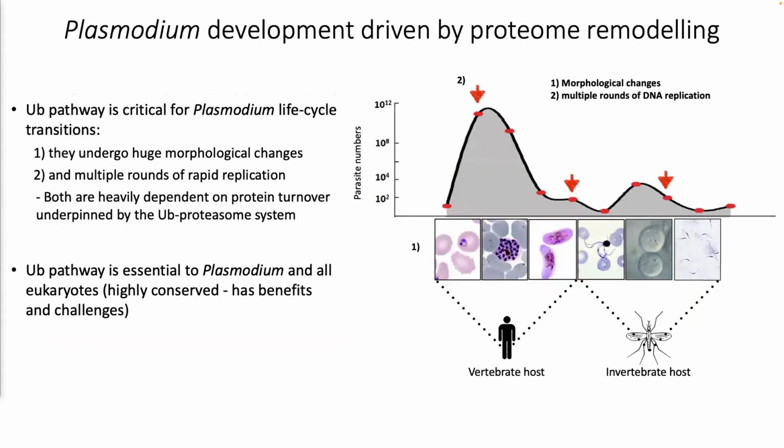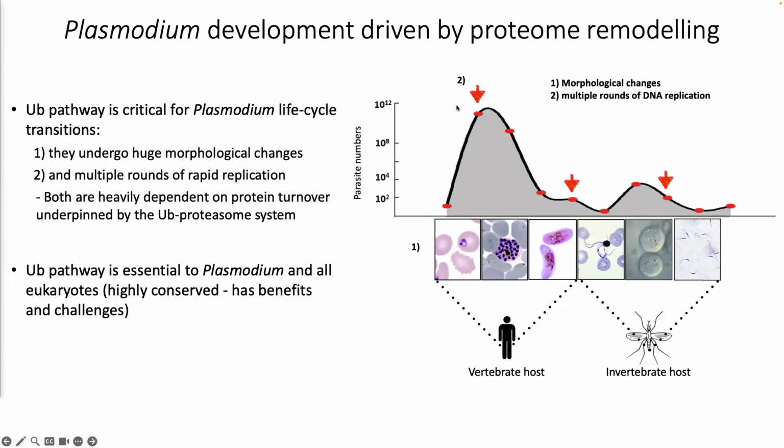And specifically, the ubiquitin proteasome pathway is at the core of Plasmodium life cycle transitions. And this is for two reasons. Firstly, they undergo some huge morphological changes shown here. And they also undergo multiple rounds of rapid replication shown here with the arrows.